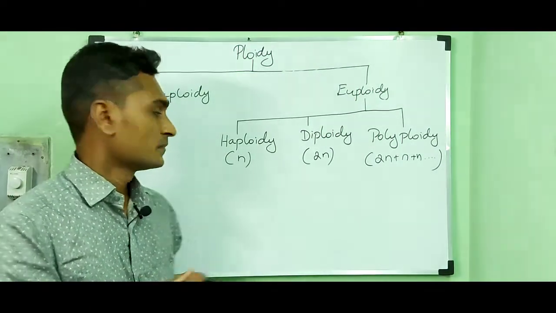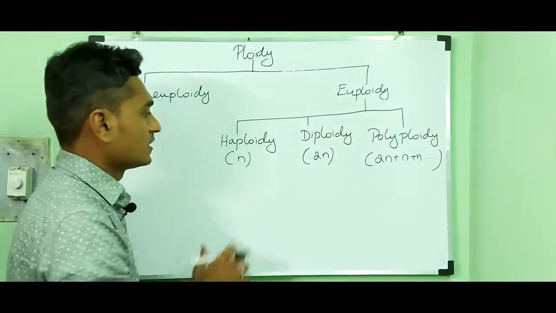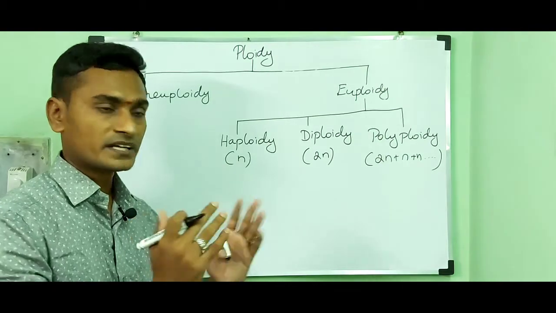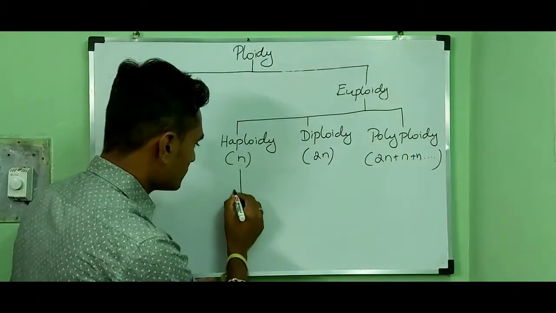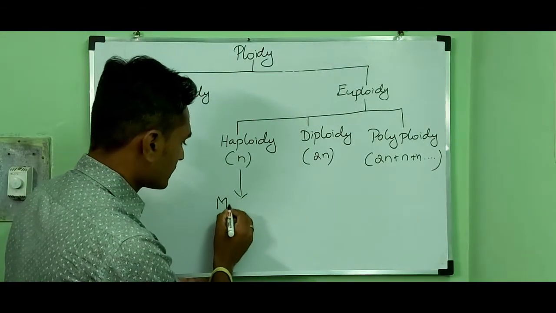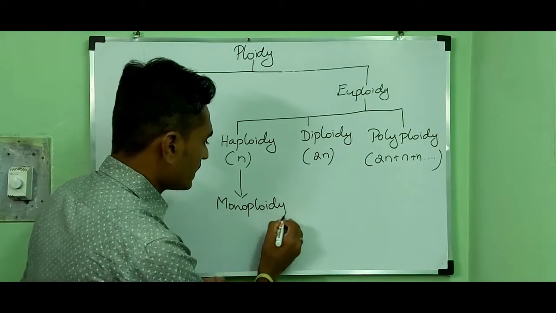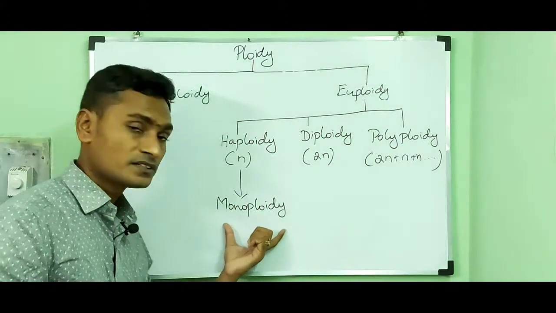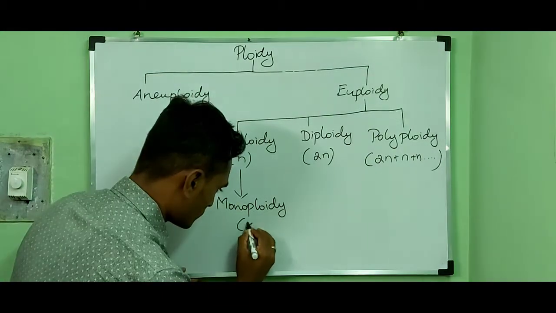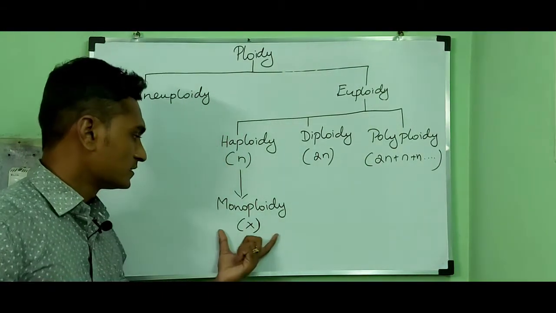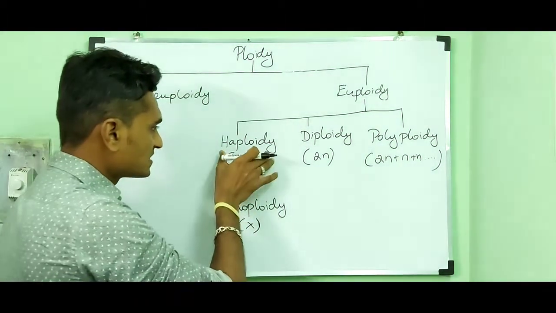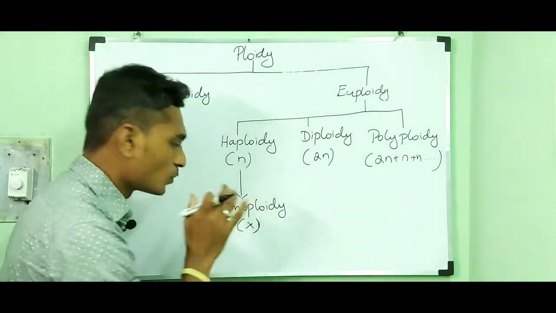Then haploidy again has a branch, which is called monoploidy, and monoploidy is denoted by x. What is the difference between haploidy and monoploidy?